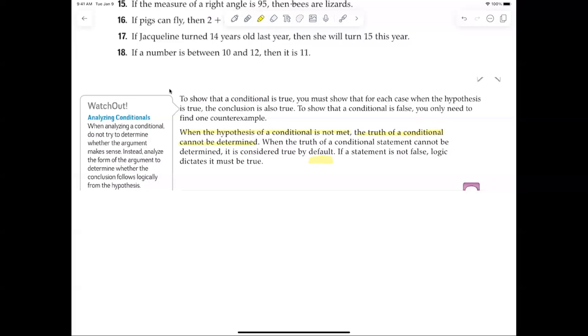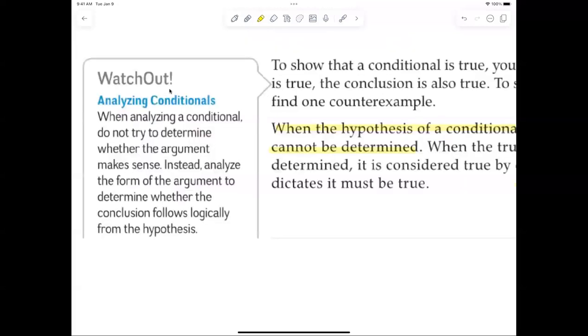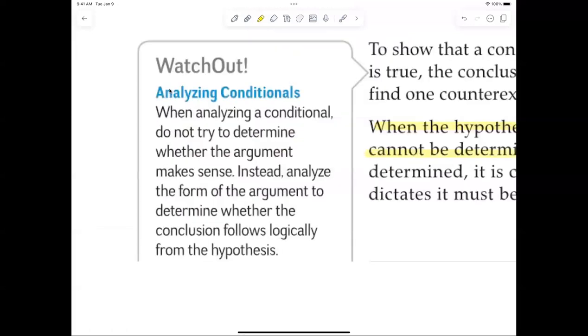So now watch out. When analyzing a conditional, do not try to determine whether the argument makes sense. Instead, analyze the form of the argument to determine whether the conclusion follows logically from the hypothesis.